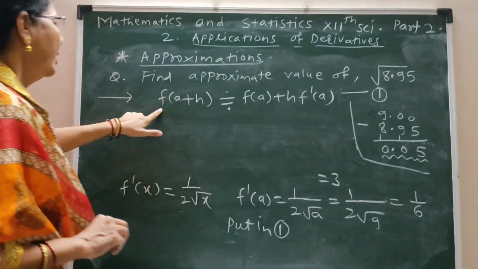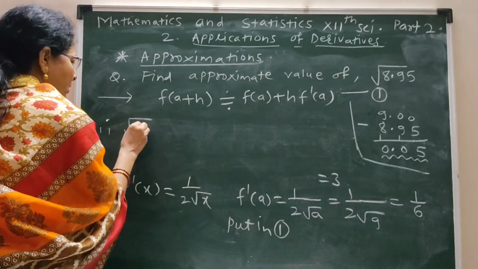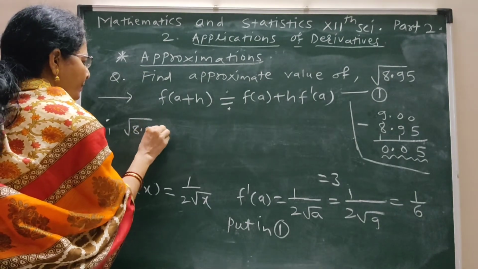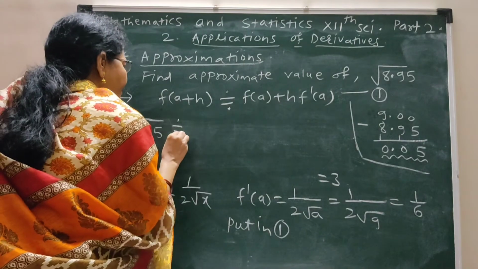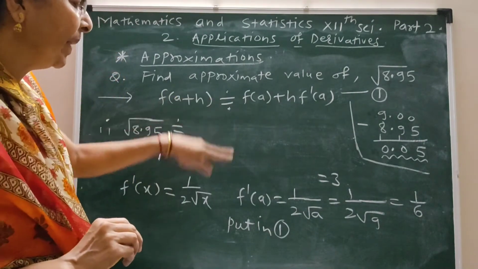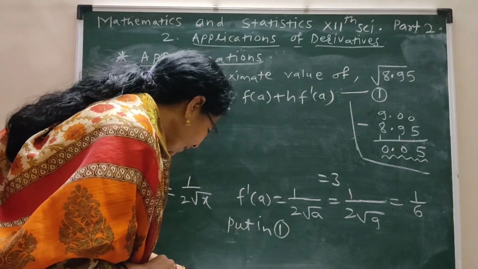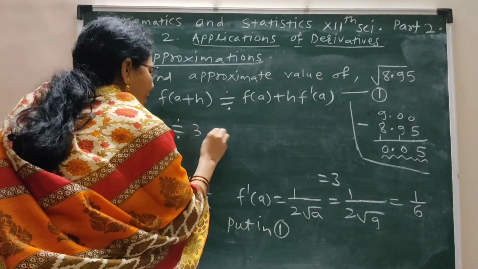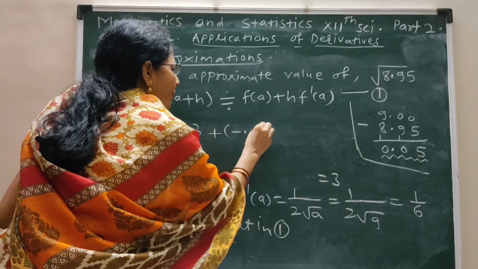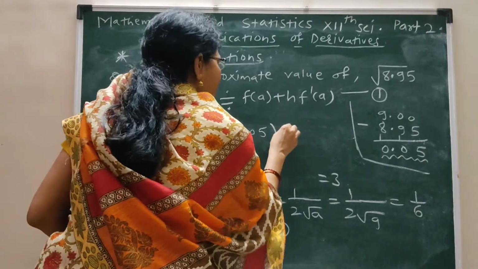So root 8.95 is nearly equal to f of a, which is 3, plus h, which is minus 0.05, times f dash a, which is 1 upon 6.